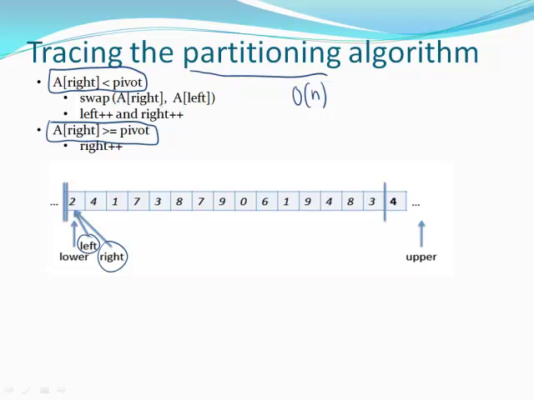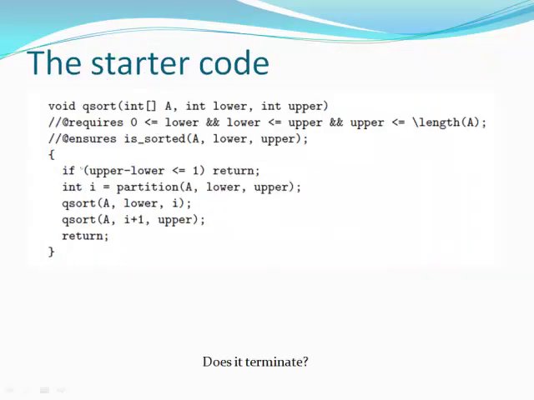So we swap a of right and a of left, because we do know that the things to the left are less than the pivot. So the only thing we are always looking at is a of right. Let's take a look at how this works.